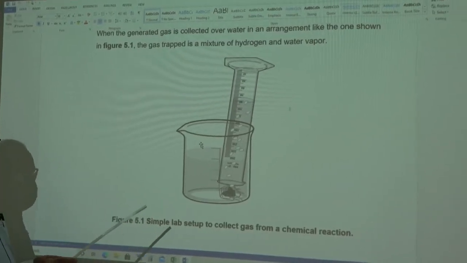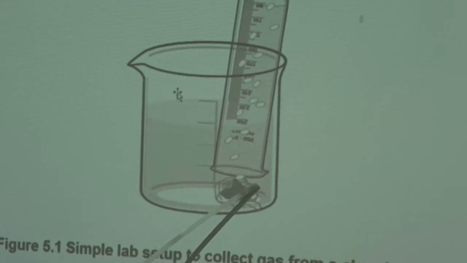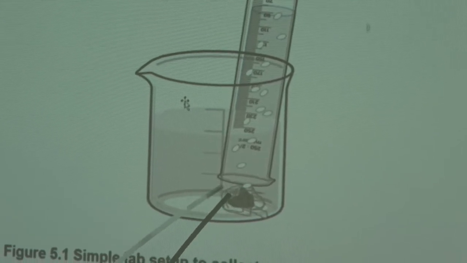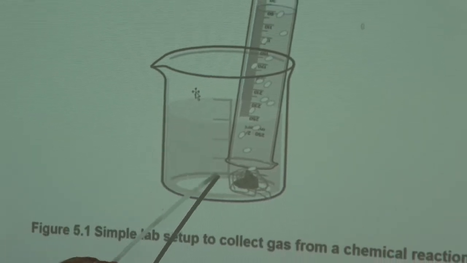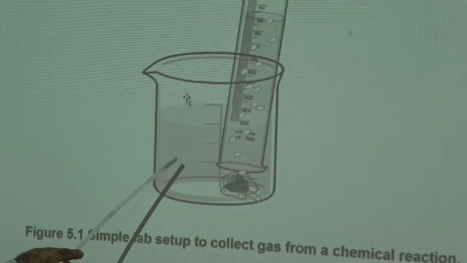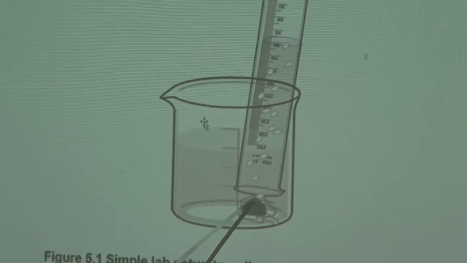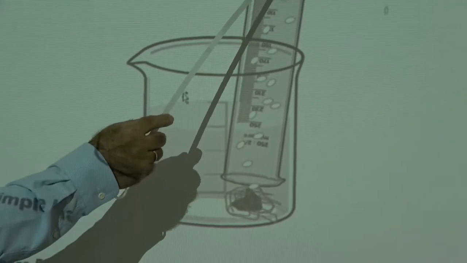In the experiment, zinc is going to be here, wrapped with a copper wire so that it doesn't disperse in the whole solution. What we have in the beaker here is the hydrochloric acid solution. The hydrogen is going to be collected in an inverted graduated cylinder.